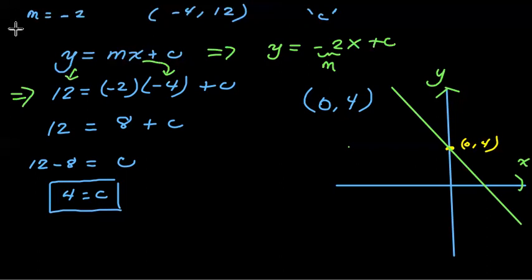Let's try one more. Let's say I tell you that there's a point 5, 1, and it's on a line which has a gradient of, let's say, 3. I want you to find c. Give that a shot right quick.